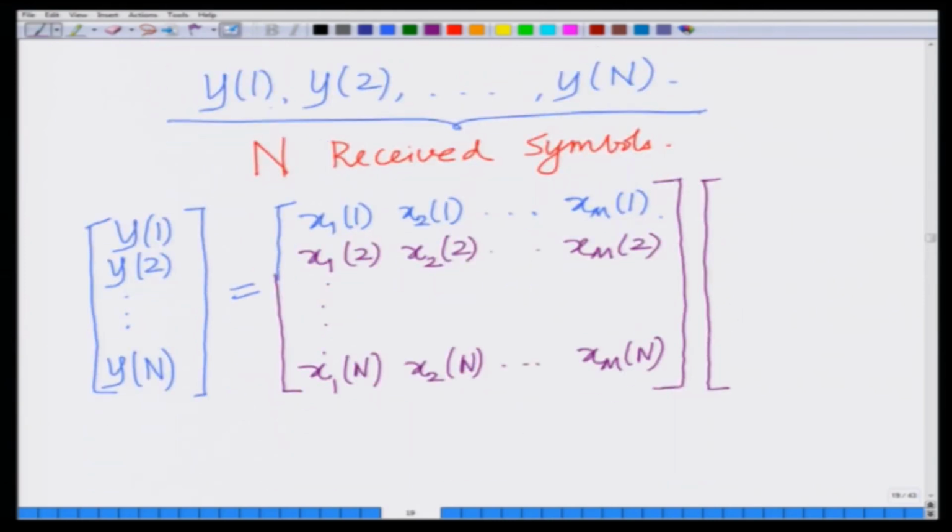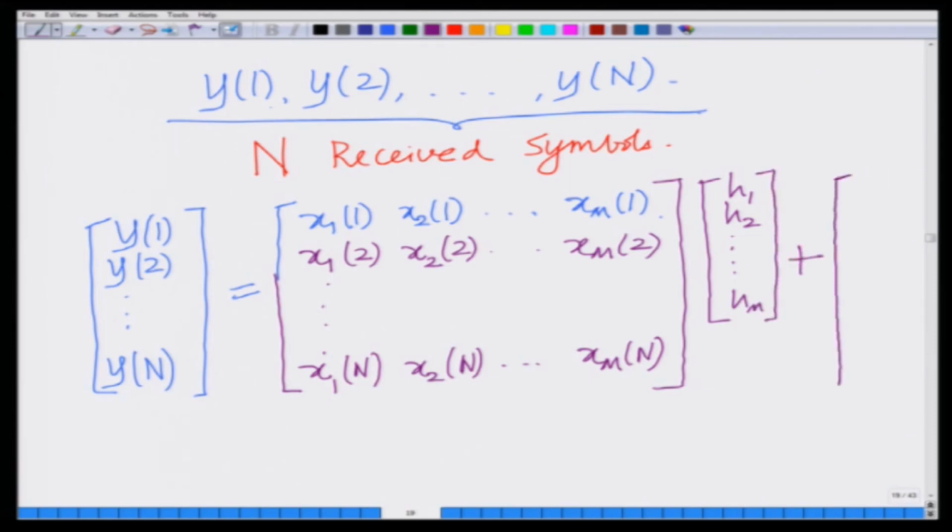This is times your parameter vector. Let me just draw it a little bit shorter, I will explain the reason. H1, H2 up to Hm, plus your noise vector.